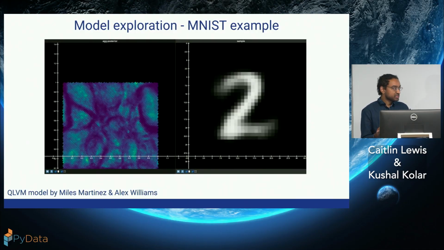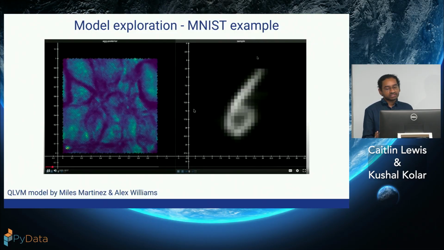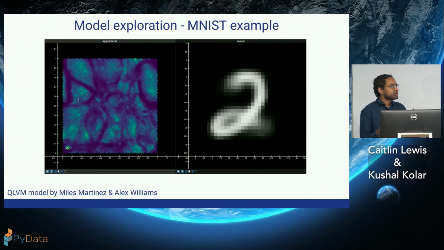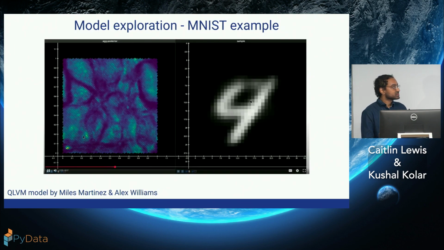And fastplotlib is useful for exploring these models because you can very easily explore your latent space and get an understanding of what your latent space really represents in a way that you can't get with static visualizations.